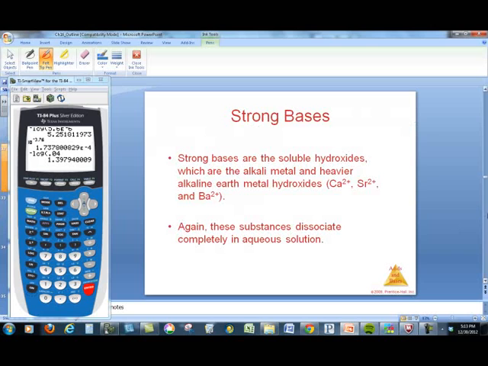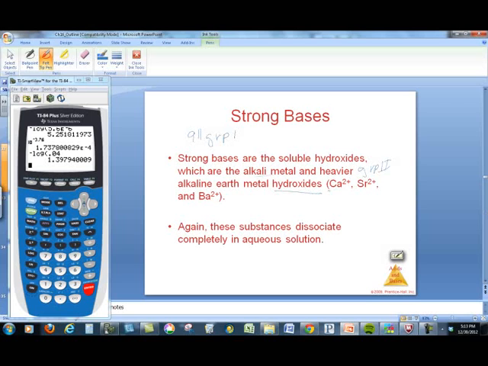Okay, you also need to know what the strong bases are. Strong bases are most of the soluble hydroxides. So it's all of group 1, right? Lithium, sodium, potassium, and on. And the group 2 hydroxides that are soluble.